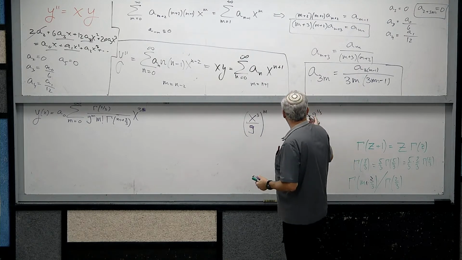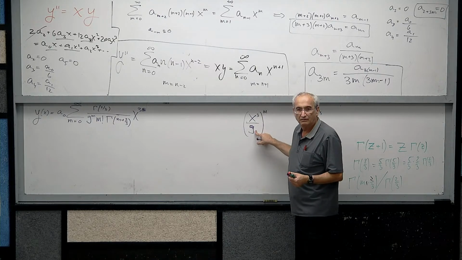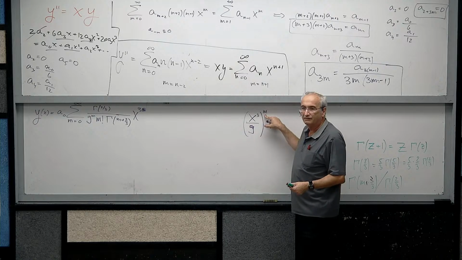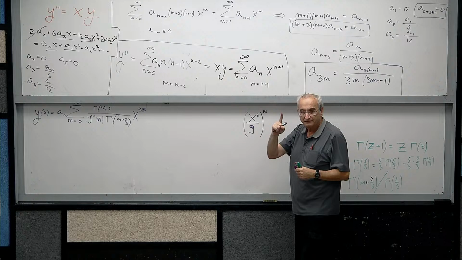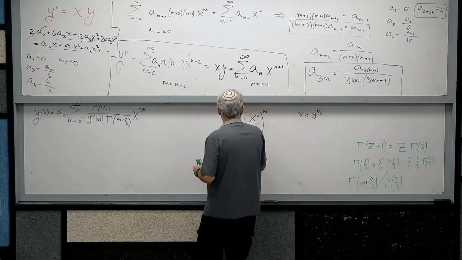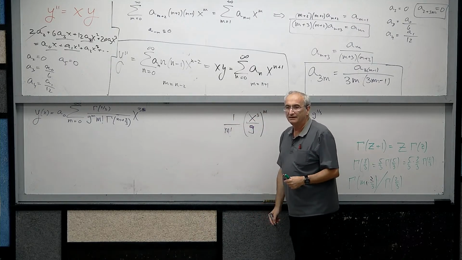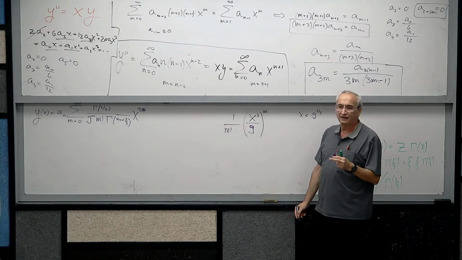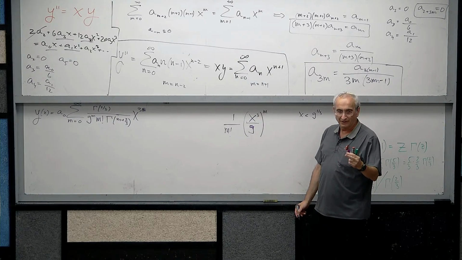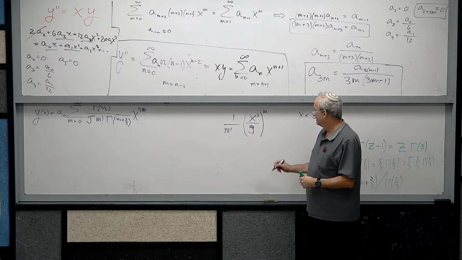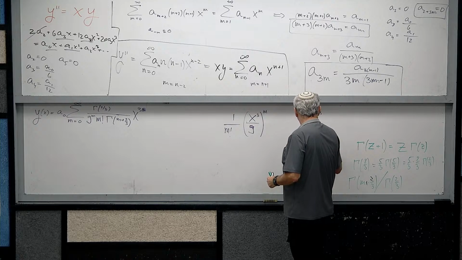However, what happens if I take x to be 100? Then clearly I have a huge factor, and as I take it to increasing powers of m, it will explode. However, we have here 1 over m factorial, and factorial asymptotically wins against any power. So x to the n over n factorial goes to 0.